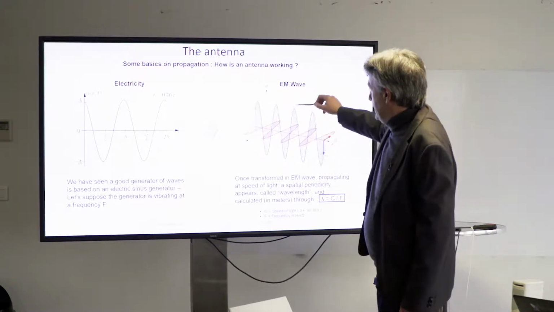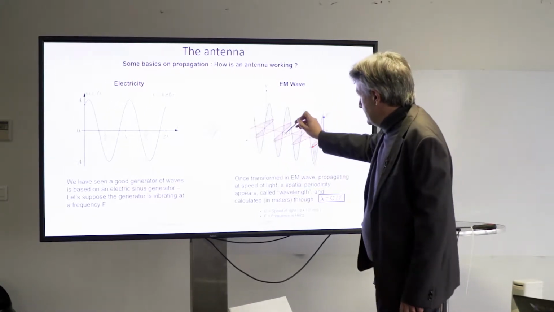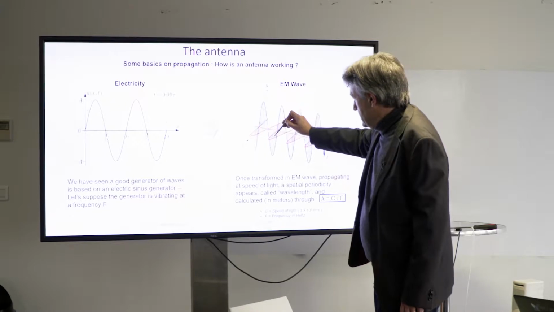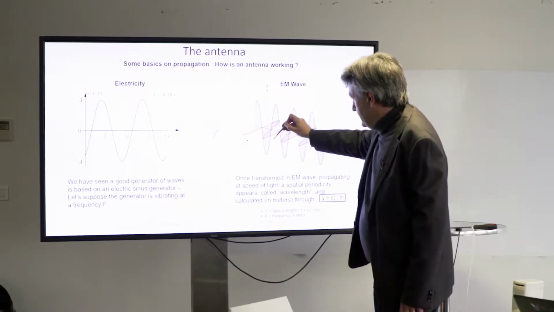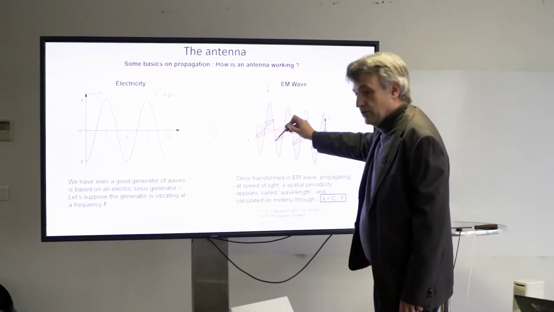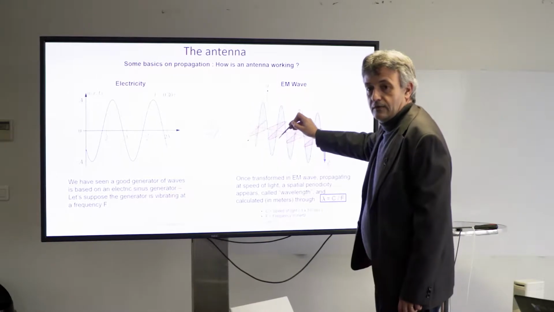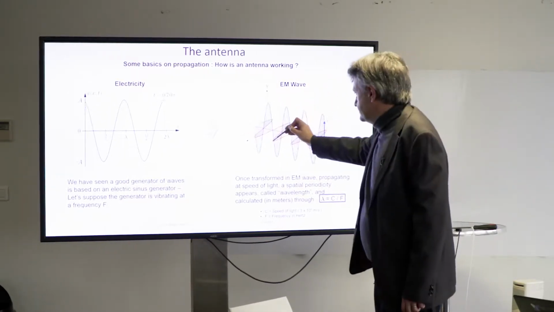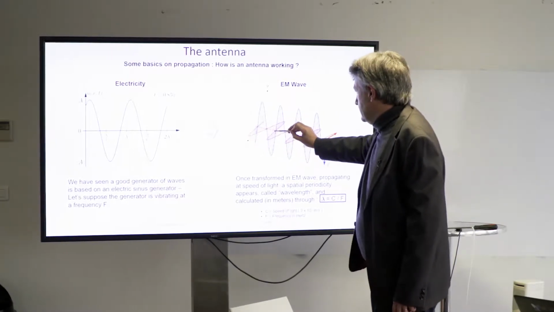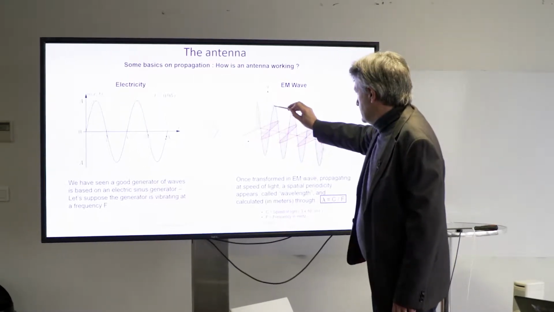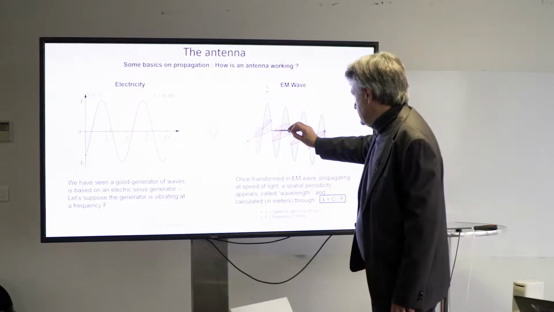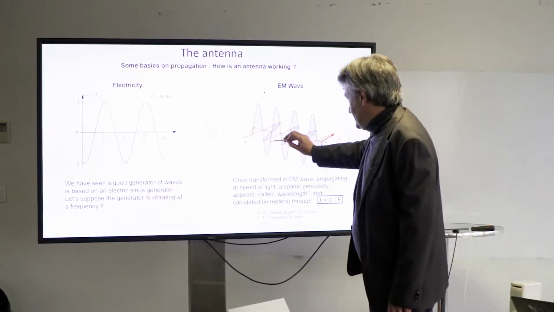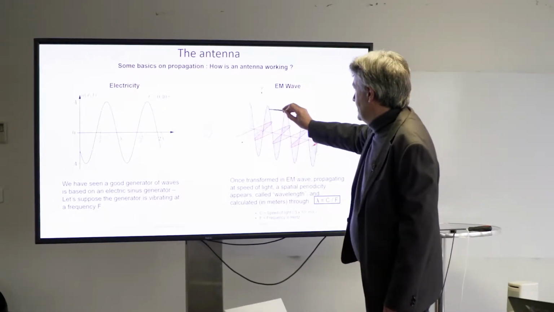So basically, this movement of electrical charges is being copied by the fields. So basically, you take one point, take this point. Well, this point is oscillating at the rhythm of, in that case, the magnetic field. Okay, could take electric. So electric is this. Well, in fact, it's this.